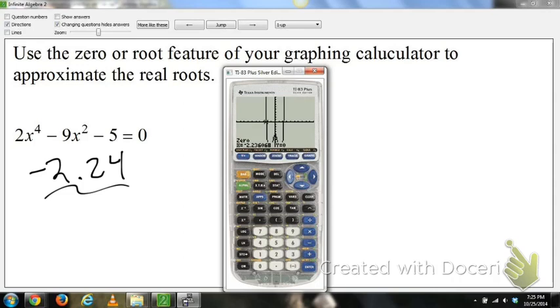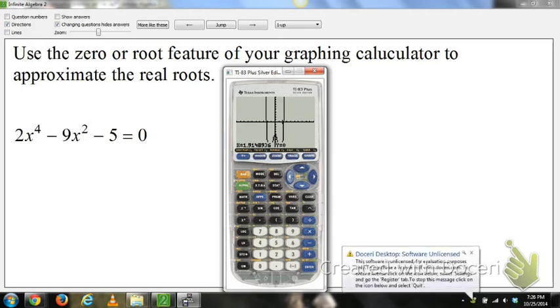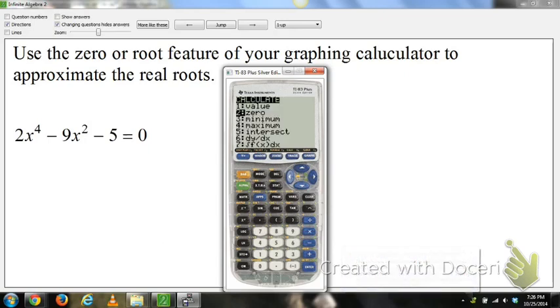Now I'm going to do the same thing, but I'm going to find the right 0 on this graph. So the one I'm going to go for now is the 0 that's over here approximately. I'm going to hit the same keystrokes: second and then trace, and I'm going to choose the 0 feature, which again is going to ask me for the left bound. Now realize, guys, we're going for the 0 that looks like it's closer to 2.